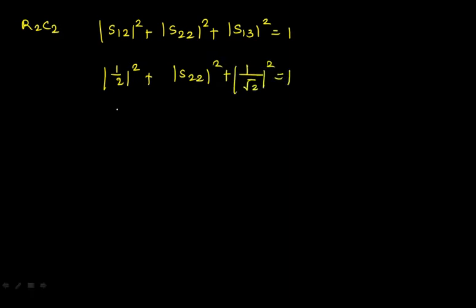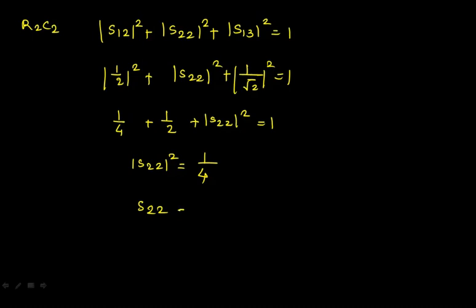So this will be 1 by 4, this will be 1 by 2, plus S22 square is equal to 1. Solving, 1 minus 1 half is 1 half, and then half minus 1 by 4 is 1 by 4, and that's why S22 will be the square root of this, which is 1 by 2. So this is the solution.